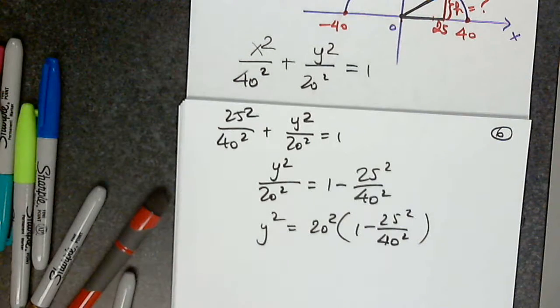Multiply by 20 squared, and now with the graphing calculator, I will put this in and determine it. So the square root of 400 times parentheses 1 minus 625 divided by 1600, close the parenthesis and close the parenthesis, and I want the height.